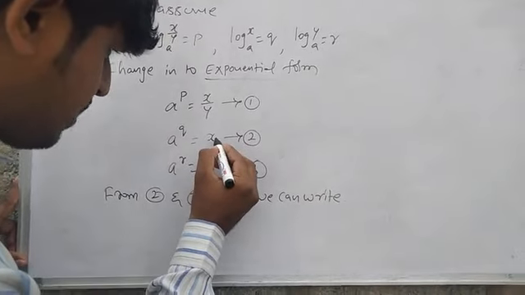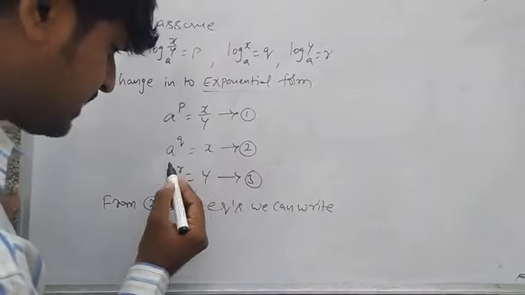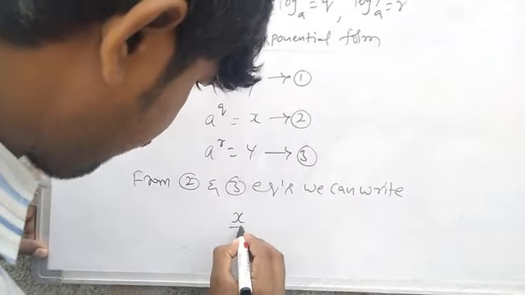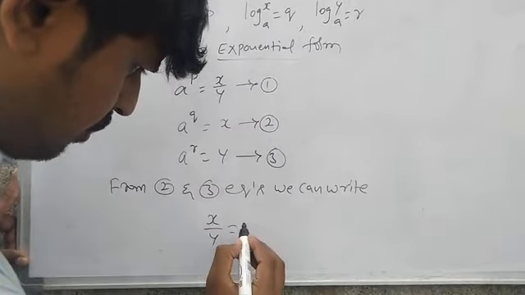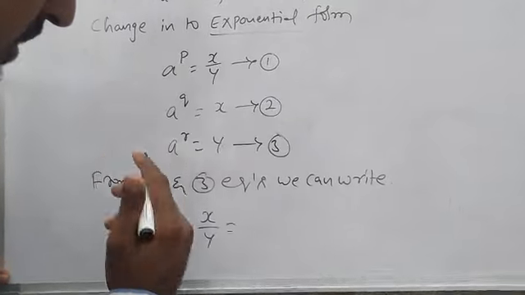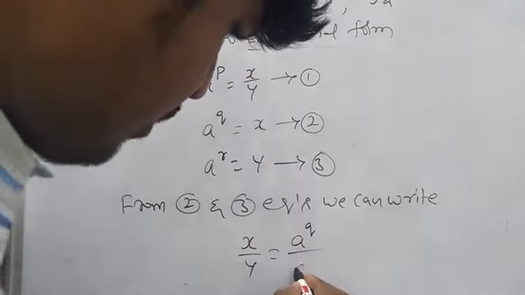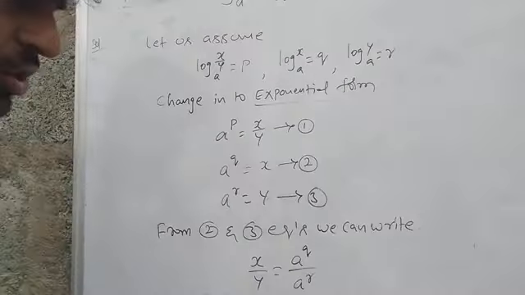In second equation RHS value is x and third equation RHS value is y. If you write x by y is equal to a to the power of q by a to the power of r.